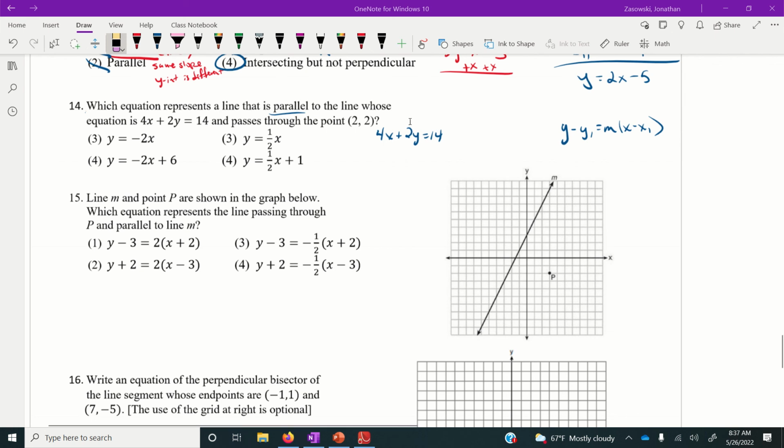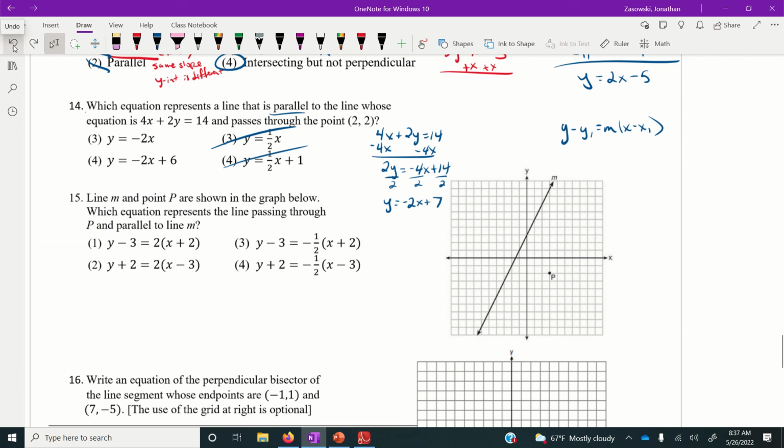So number 1, remember we started with this crazy equation here. That's in standard form. We're going to have to go ahead and solve for y first. So if you do solve for y, move that 4x over, divide by 2, you should get negative 2x plus 7. So the slope is negative 2, which means we can eliminate choices 3 and 4 because those are slopes of a half. Then we're going to plug into our point slope form over here.